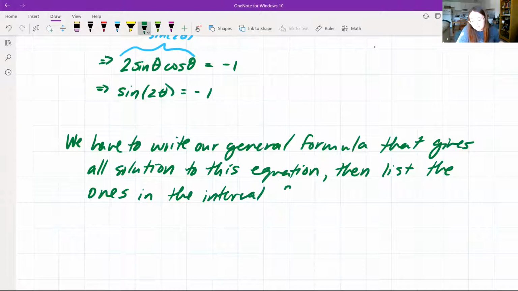In this case, our correct interval would be from 0 to 2 pi, not including 2 pi because 0 and 2 pi would be the same value essentially.